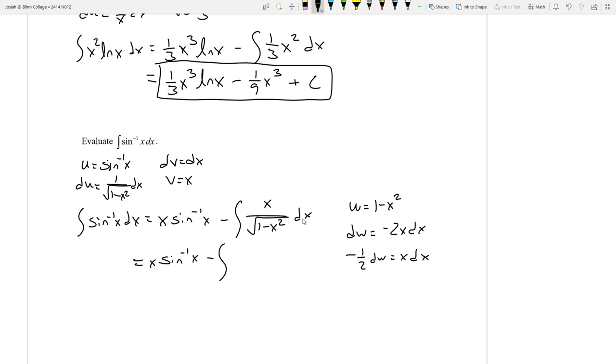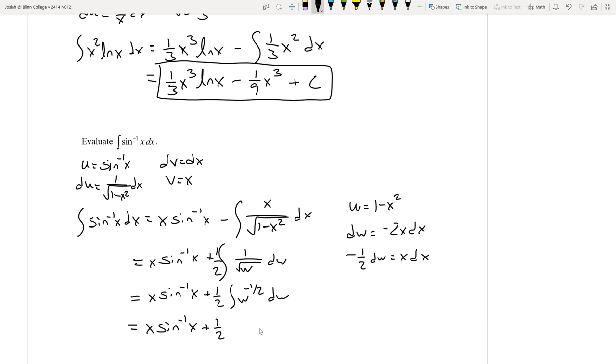And so we have the x dx is now going to be negative 1/2 dw. And we have then 1 over root w. That's also going to be known as w to the negative 1/2. And so we'll go ahead and do the power rule here.